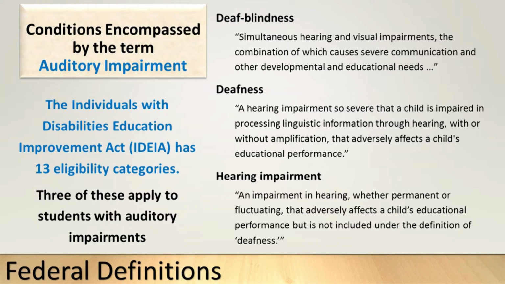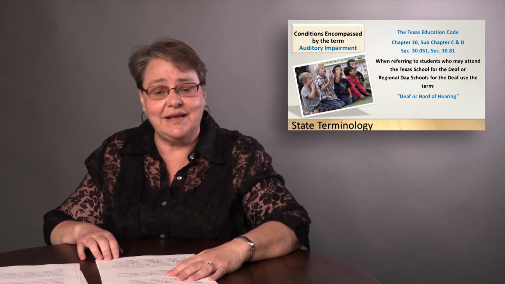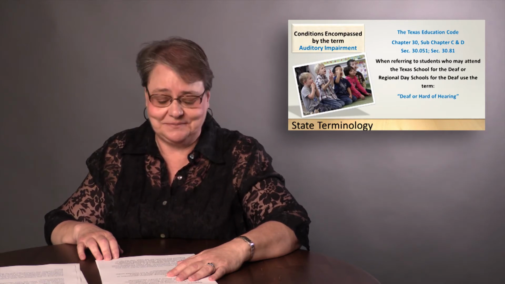You see how we have to look at both of those definitions together in order to understand the level of disability that the child may be experiencing. Each state applies the federal law to the rules and regulations that are given as mandates for the way that we provide services within the educational system.